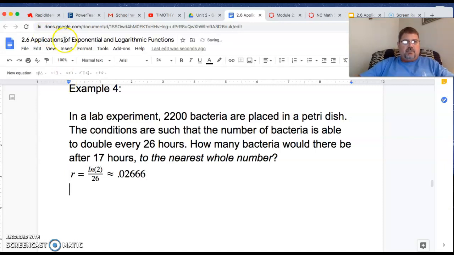So let's do our calculation. Really, they're asking me for N of 17, and now we know the rate. So there is no equation to solve here. This is just filling in and using a formula.